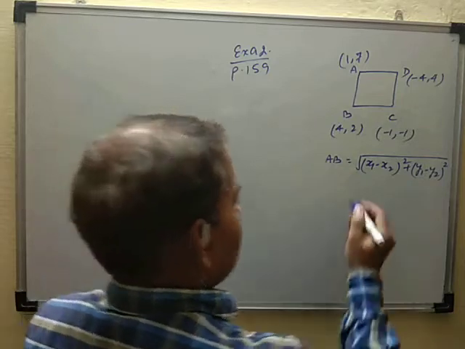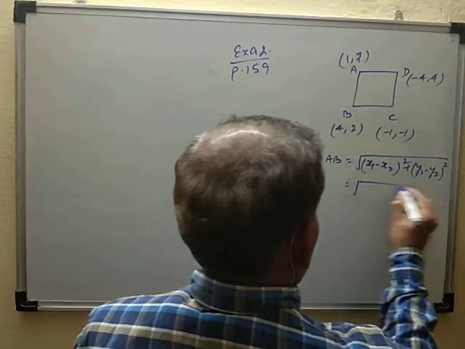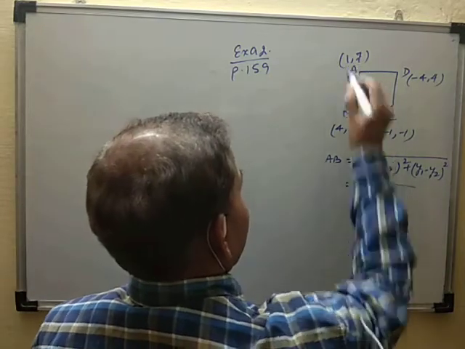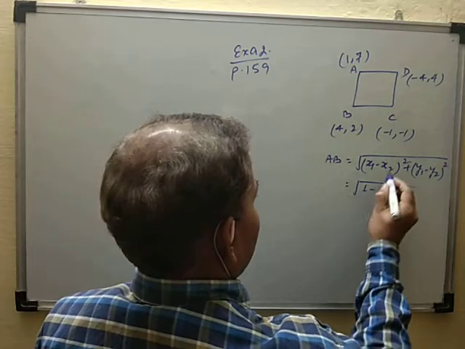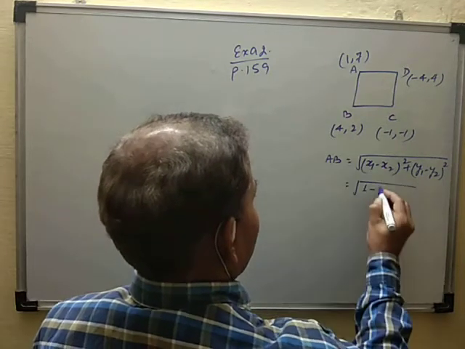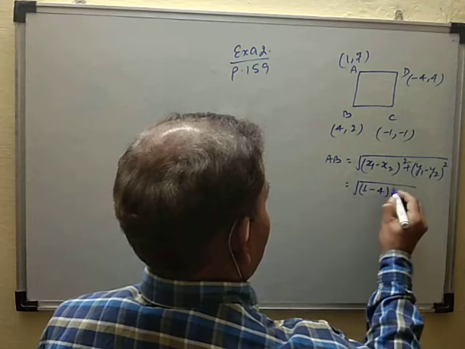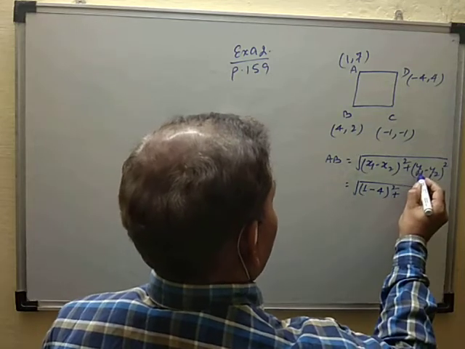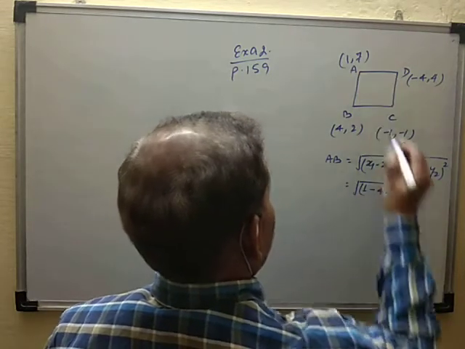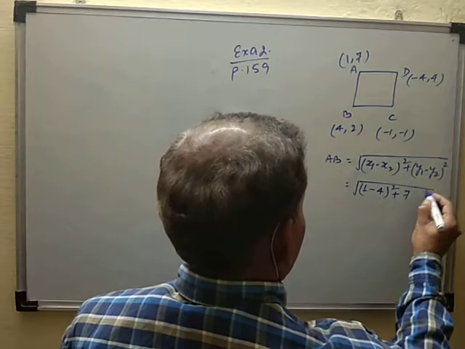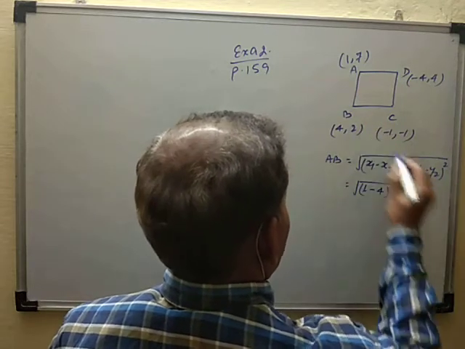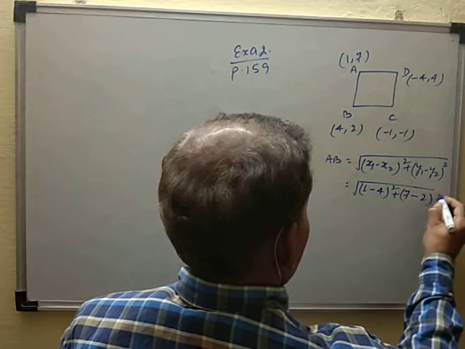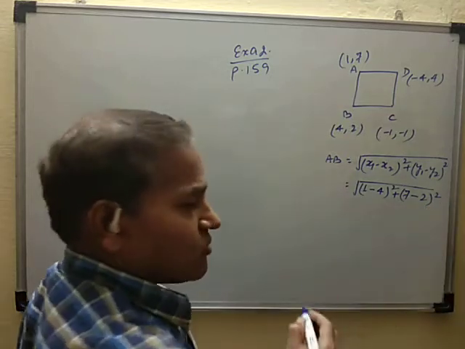So put all the values. x1 is 1 minus x2, which is 4, so 1 minus 4 whole square, plus y1 is 7 minus y2, which is 2, whole square. Now simplify it.